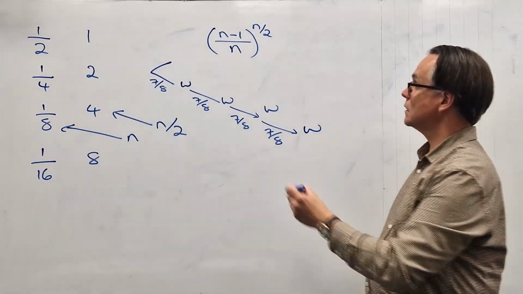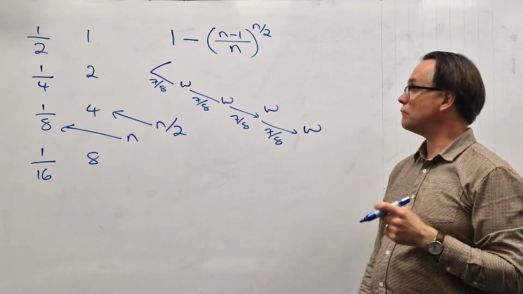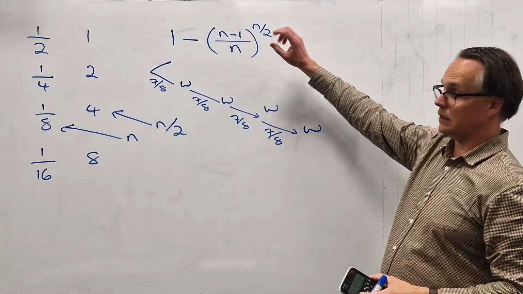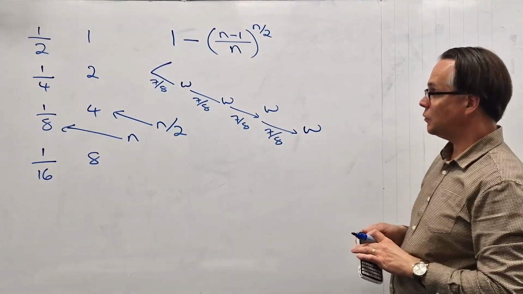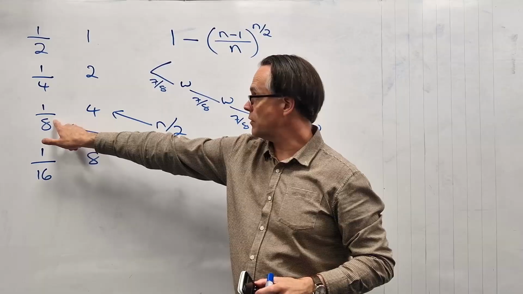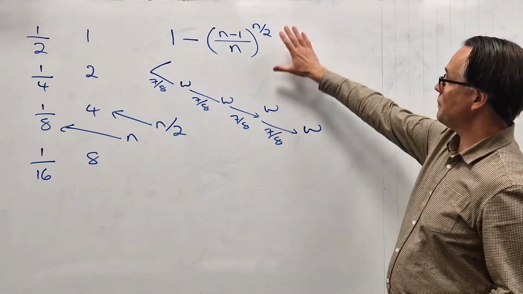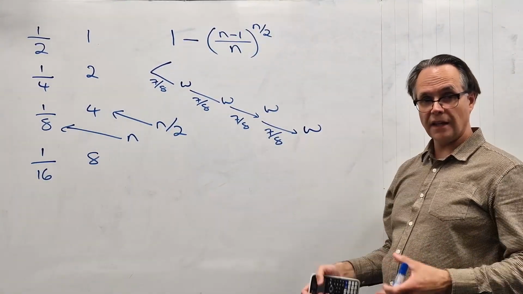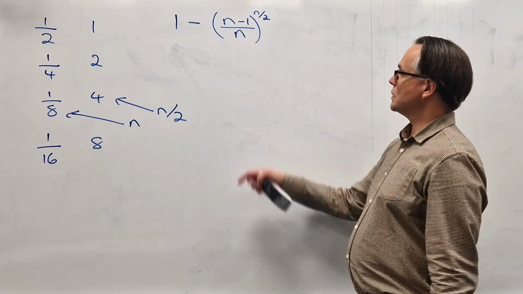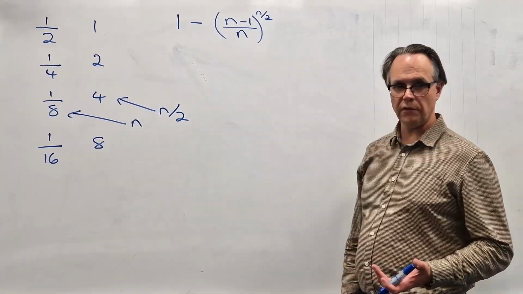And so the probability that at least one of them lands on red is going to be 1 minus that, for any particular n that we choose, where n is the number on the bottom of the fraction here. So what we want to know is what happens to this expression as n gets bigger and bigger and bigger.